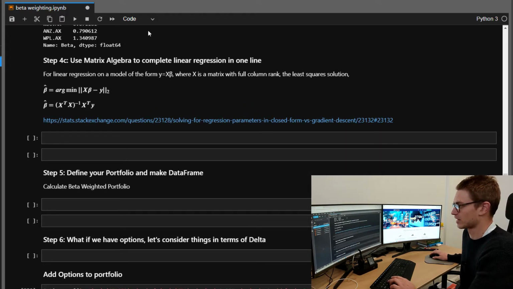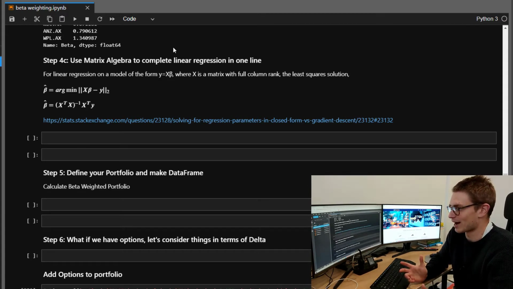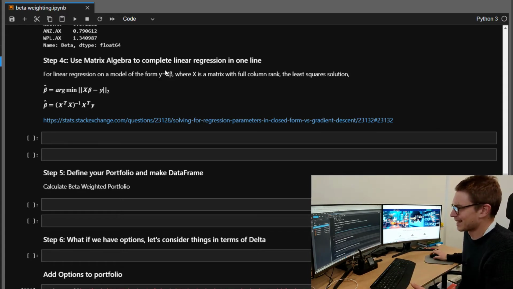because this is linear regression, we actually have a closed form solution for this method. Thanks to matrix algebra, you can go to this Stack Exchange link here if you really want to find out more. But essentially for linear regression models of this form, it's a closed form solution.